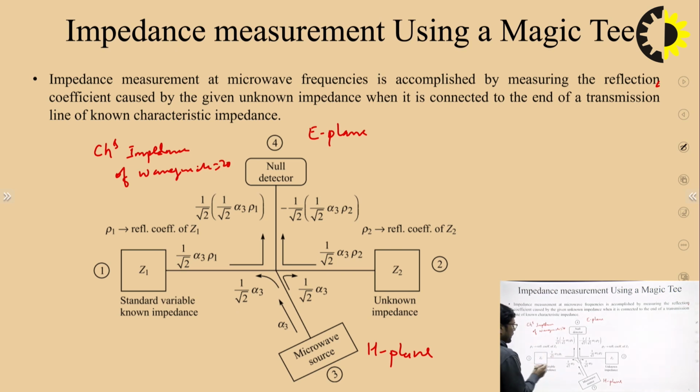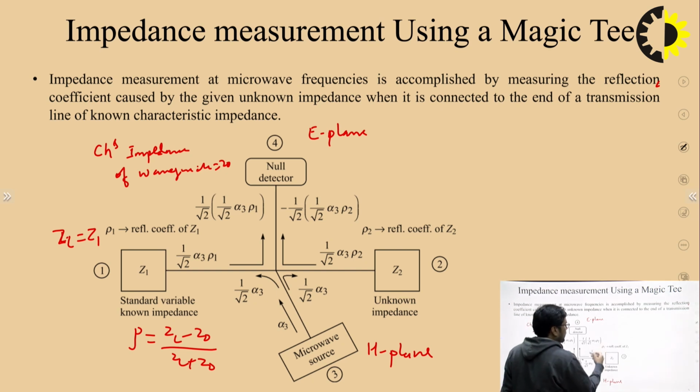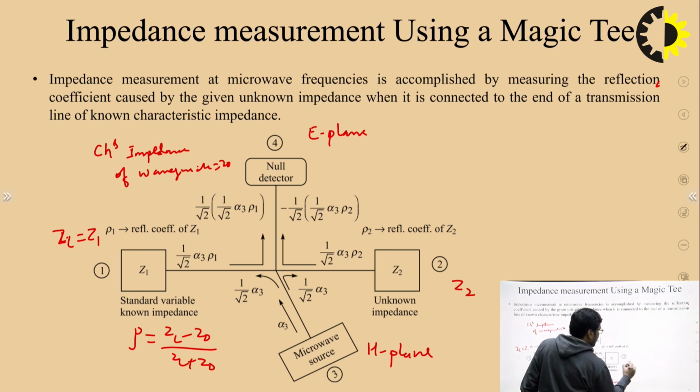So here the reflection coefficient is equal to ZL minus Z0 upon ZL plus Z0, where ZL is equal to Z1. So here you will get the reflection coefficient. Similarly, you will get another reflection coefficient here, that is equal to Z2 minus Z0 upon Z2 plus Z0.